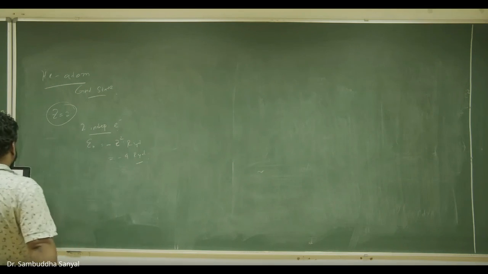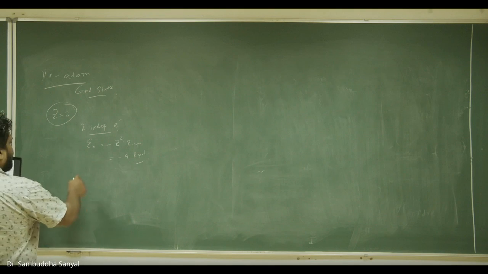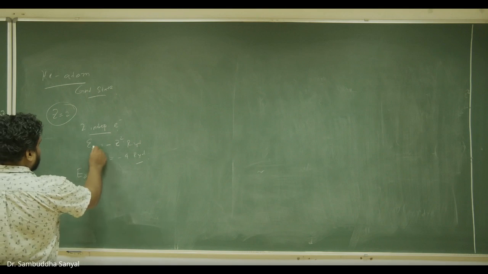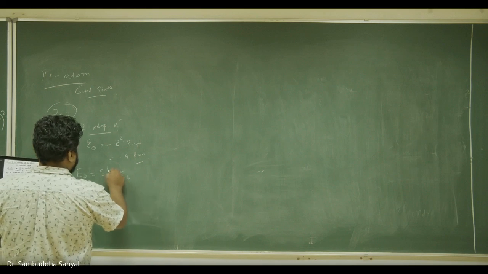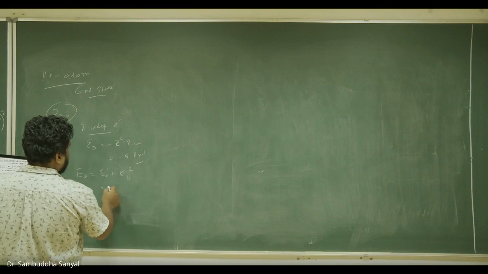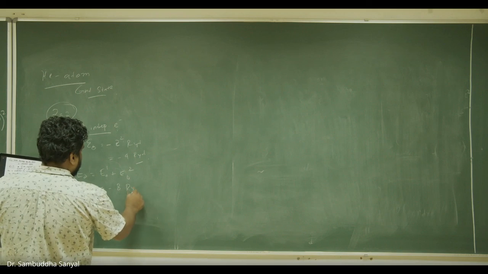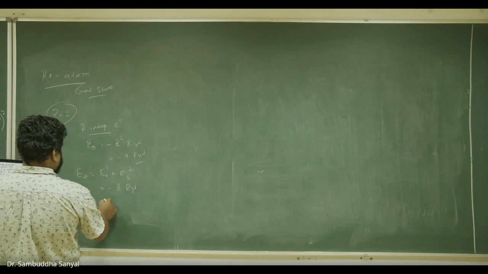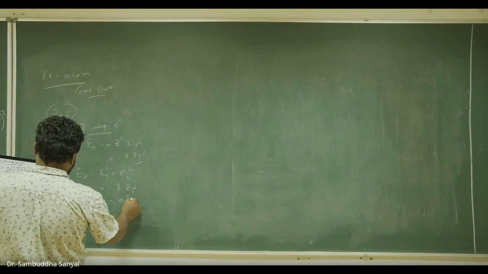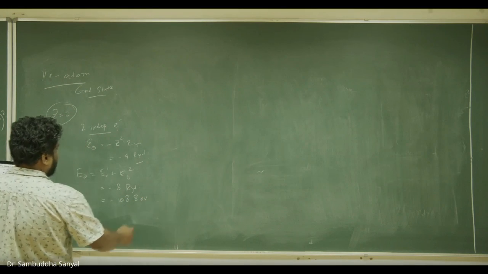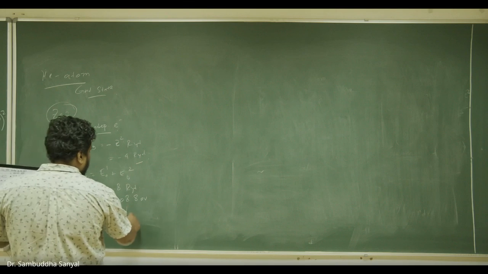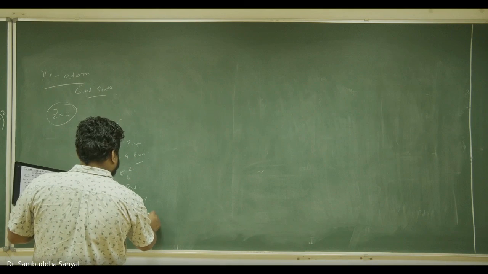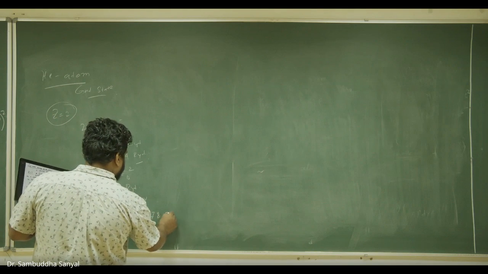Then the total energy will be the first one plus the second one, and this will give minus 8 Rydberg, and this is nothing but minus 108.8 electron volt, which is almost 30% or 35% off from the experimental value, which is minus 78.98.